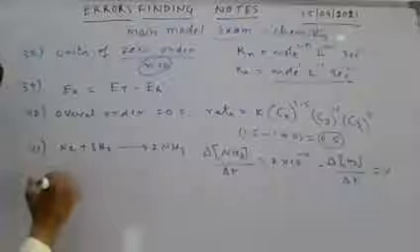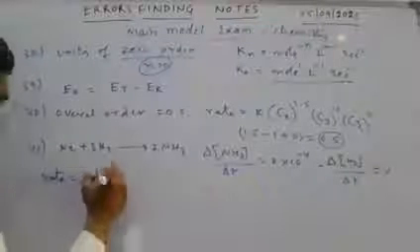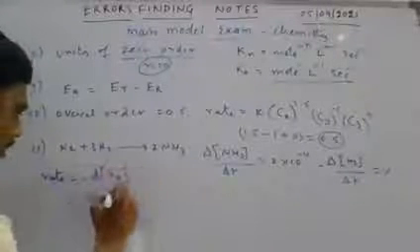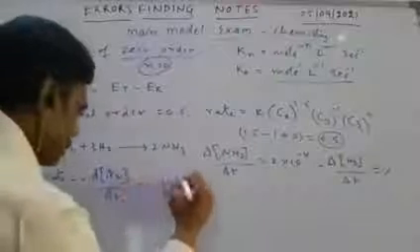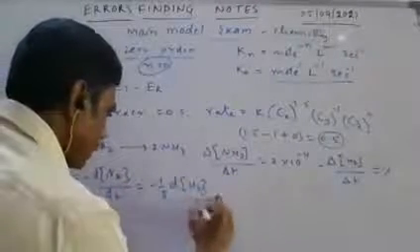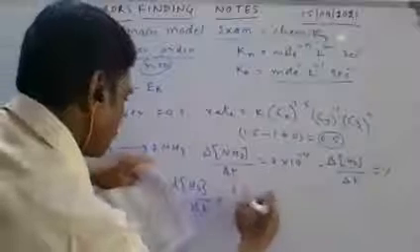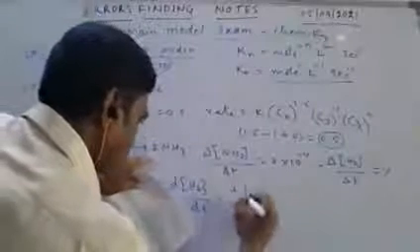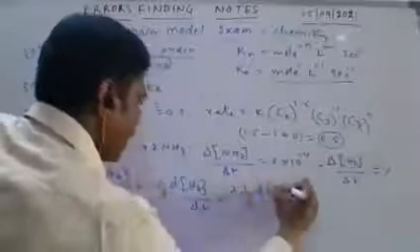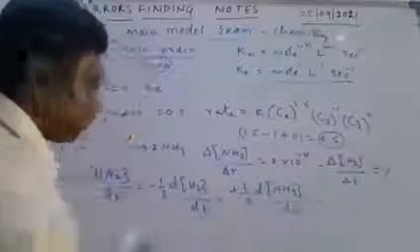First write down the rate expression for this. Rate is equal to minus d of N2 by dt, is equal to minus 1 by 3 d of H2 by dt, is equal to plus 1 by 2 d of NH3 by dt.